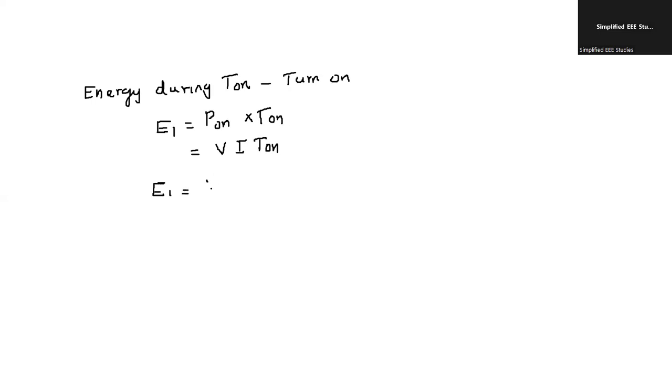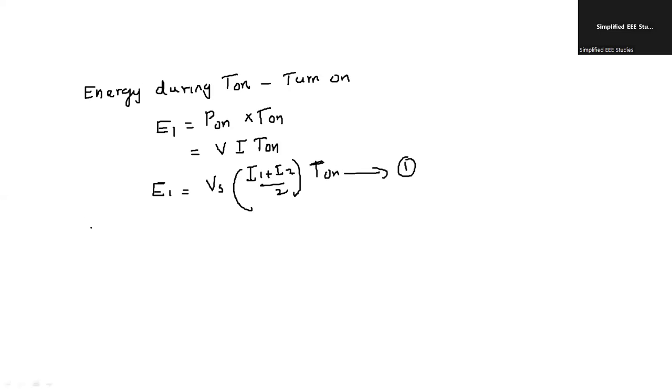The voltage is nothing but the input voltage, Vs. The I will be the average inductor current, so we can write (I1 plus I2) upon 2, provided the device is working in continuous conduction mode, where the inductor current never reaches 0. Please call it the first equation.